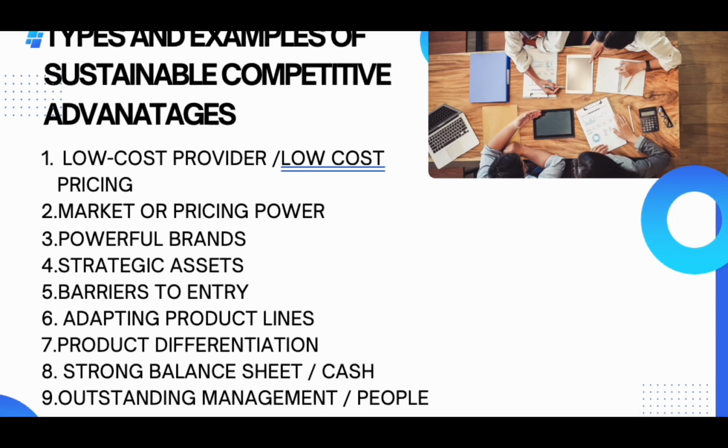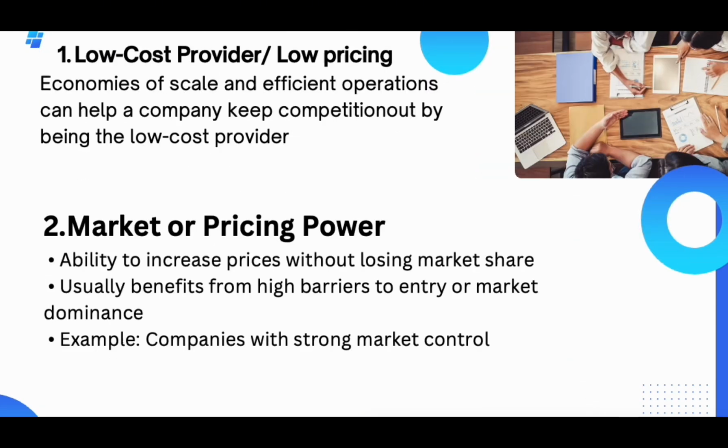Okay, so let's discuss the first type, an example of sustainable competitive advantages: low cost provider or low pricing. Economies of scale and efficient operations can help a company keep competition out by being the low cost provider.